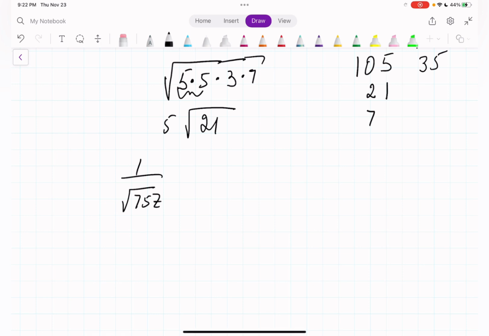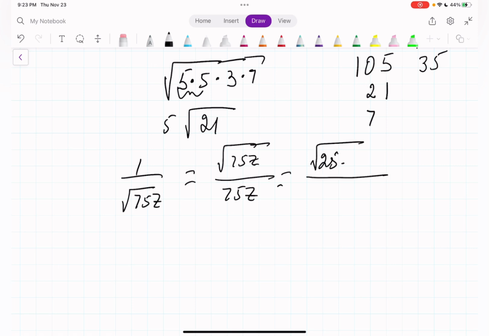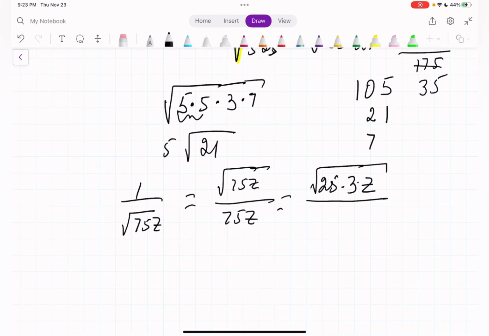So it's going to be square root 75z over 75z, right? Now 75, I know it's definitely 25 times 3, times z. If you don't know, again, you can go by 2, 3, 4, 5, divide by whatever you can divide, and then see what you can take out.